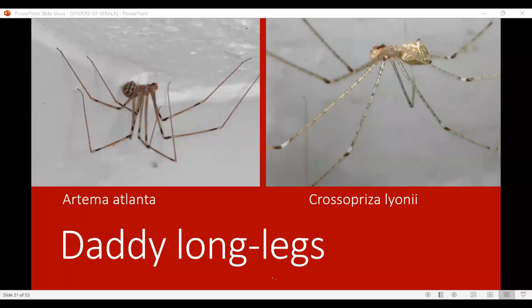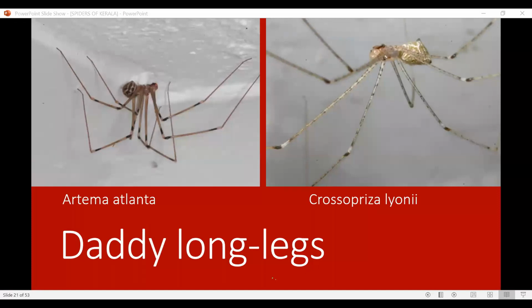Then the other is Crossophysa lioni. It is named after a person in the British Army called Francis Lyon. Based on his name, the name lioni came. Now it has a box-shaped abdomen, and because of that, these spiders are also known as box spiders.